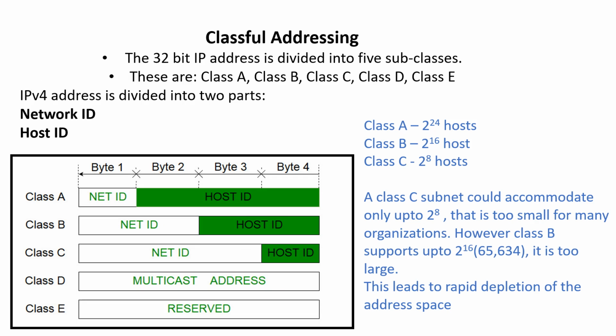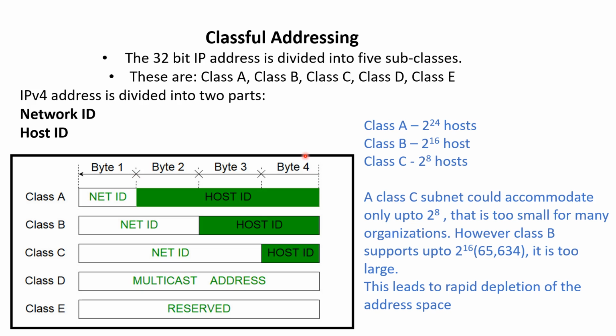So, what is classful IP addressing? In this figure, we can see an IP address is divided into two parts. The higher order part is the network ID and the lower order part is the host ID. This convention is similar to the subnet ID and host ID in classless IP addressing, or CIDR. Here we use the term network ID instead of subnet ID. Both are actually the same.